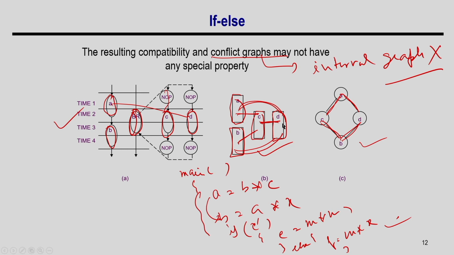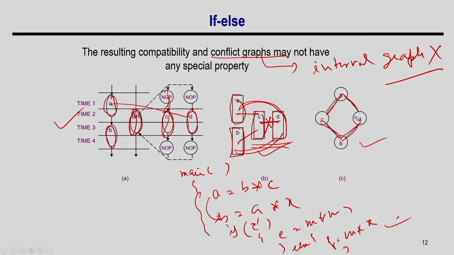There is an overlap here, so we should have an edge to make this graph, but this is not a conflict, because these two operations are mutually exclusive. When you have an if and else, I will execute either operation C or operation D; I am not going to execute both of them together. That means although their intervals overlap, the corresponding edge will not be there in the conflict graph.